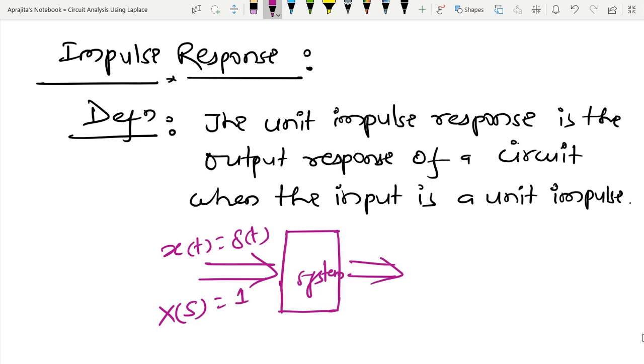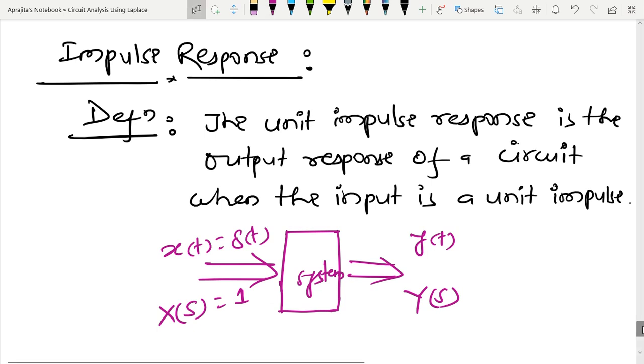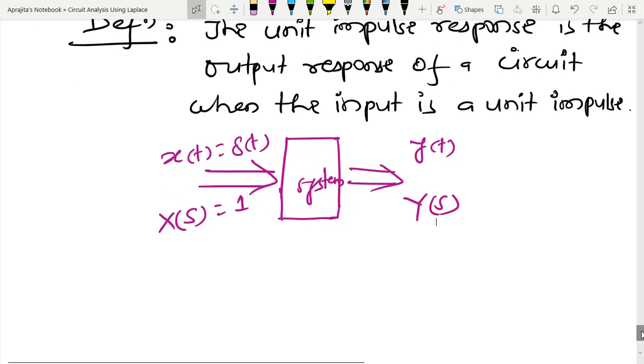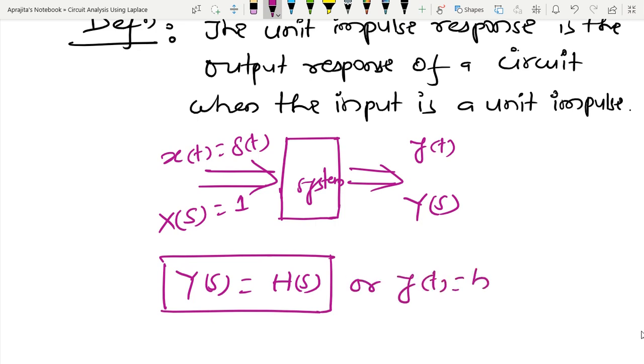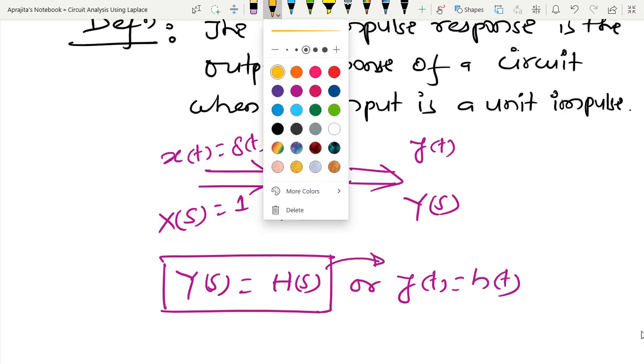So this is unity in the S domain, and after that I have Y(s), which is exactly equal to H(s), or y(t) equal to h(t).